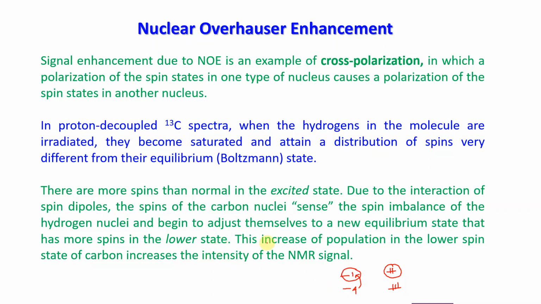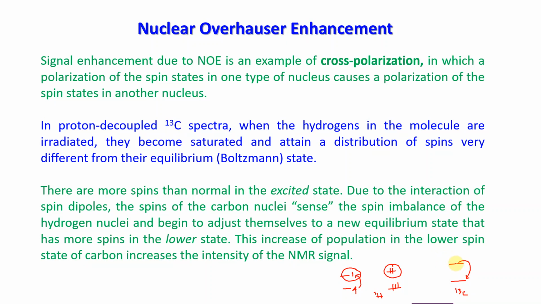And what that will do, to maintain the overall equilibrium, the nearby nuclei will orient itself, or its population will be changing. So in that case, for nearby nuclei, say suppose a hydrogen system, it will try to rearrange itself, and it will manage to maintain the overall polarization, and that will be done by decreasing the population at its excited state.